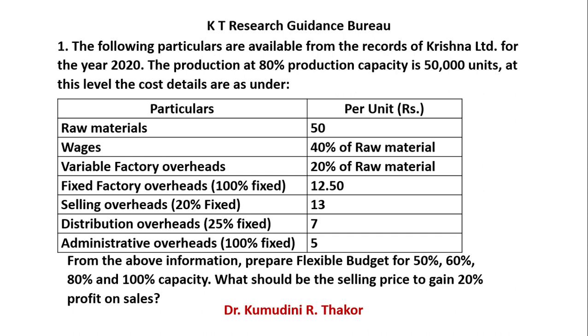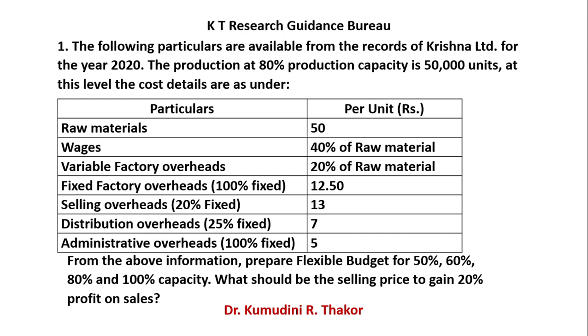It will remain the same at all levels of capacity. From this data, you have to prepare a flexible budget for 50%, 60%, 80% and 100% capacity. Not only this, if the company wants to enjoy 20% profit on selling price, at that time what will be the selling price, that you have to calculate.